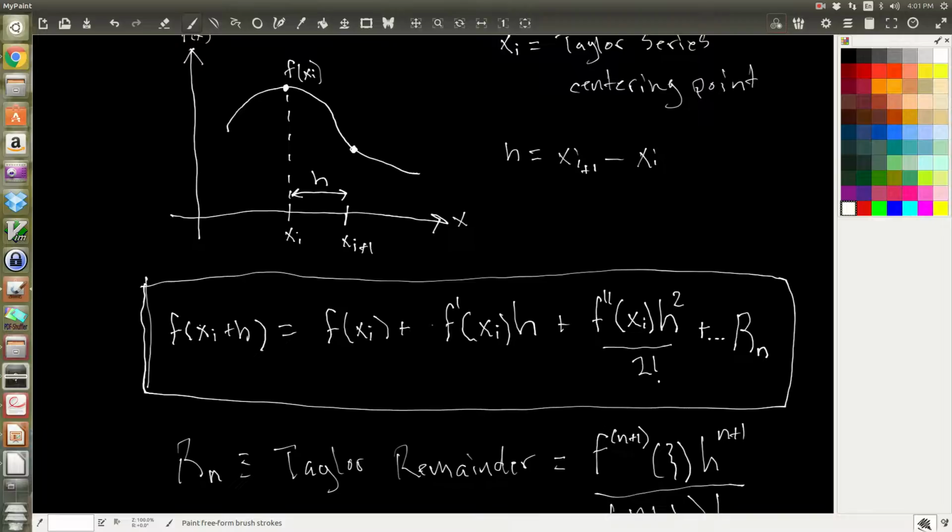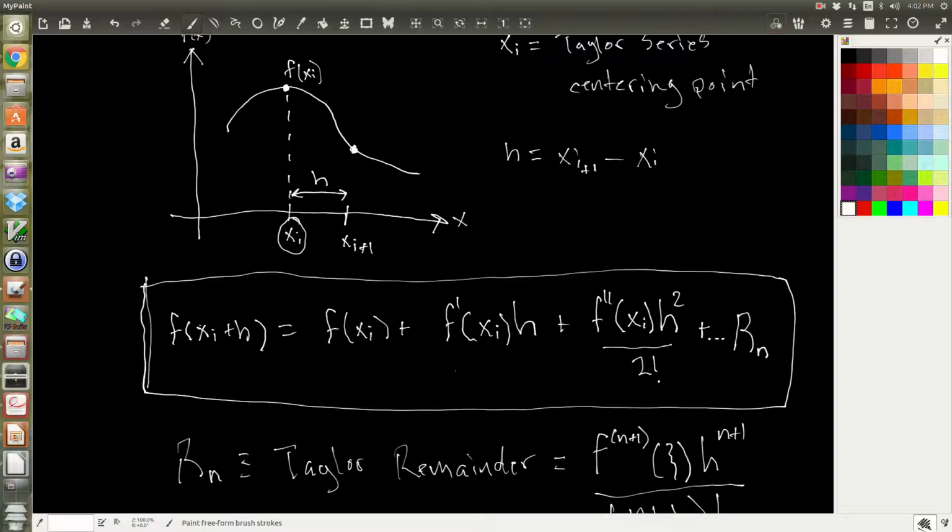And you see all the function and its derivatives are all evaluated at this point right here, xi, the centering point. So I'm telling you that this value of the function right here can be written in terms of the function itself evaluated at some previous point, and also the function's derivative evaluated at that previous point.